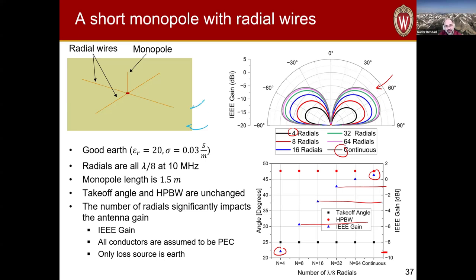The good thing about considering a flat ground plane is that there's a closed form, a Sommerfeld integration formula, that you can use to calculate the radiation from these structures in the presence of real Earth, analytically, right? Some software like FEKO have implemented that, so they make it really convenient to analyze antennas in the presence of real Earth.